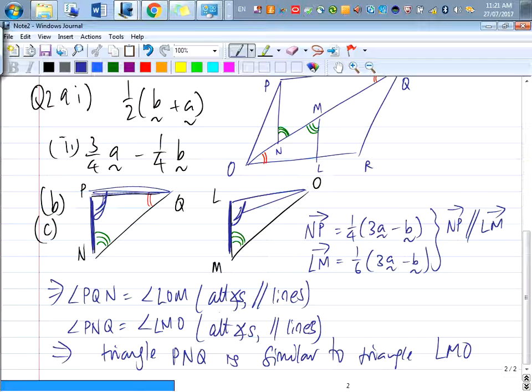Understand? SAS test for similarity. But because Mr. Tan told you during this chapter, we don't want to confuse you with so many names. So just remember that SAS, SSS, RHS, ASA tests are all for congruency. For similarity, we just show the two angles are the same. Then we prove that they are similar. Or we can show that two corresponding sides have the same ratio plus one equivalent angle, then we conclude that they are similar. We do not have to state whatever test for similarity. Yes, you can use a fraction to show.